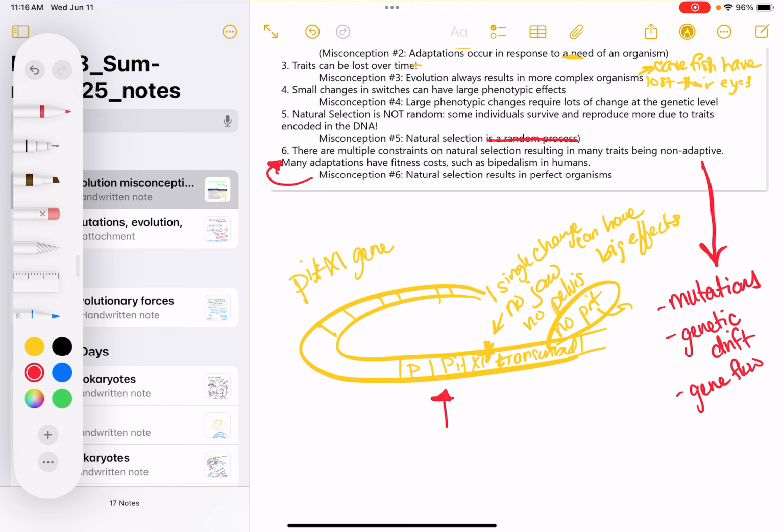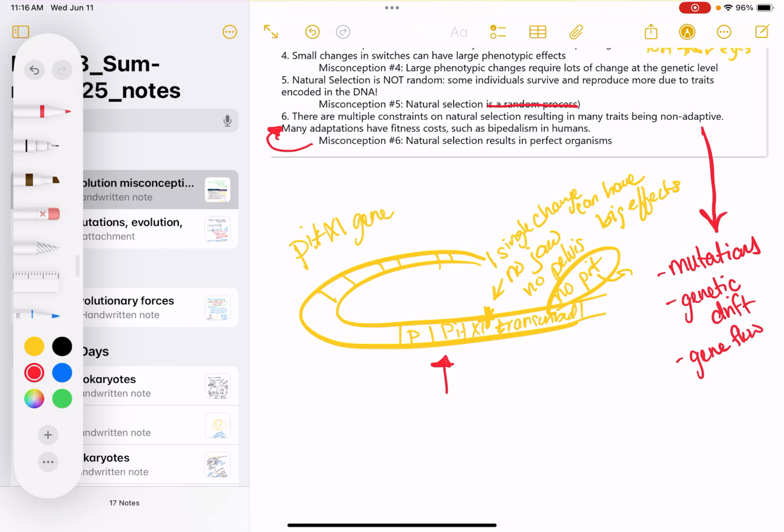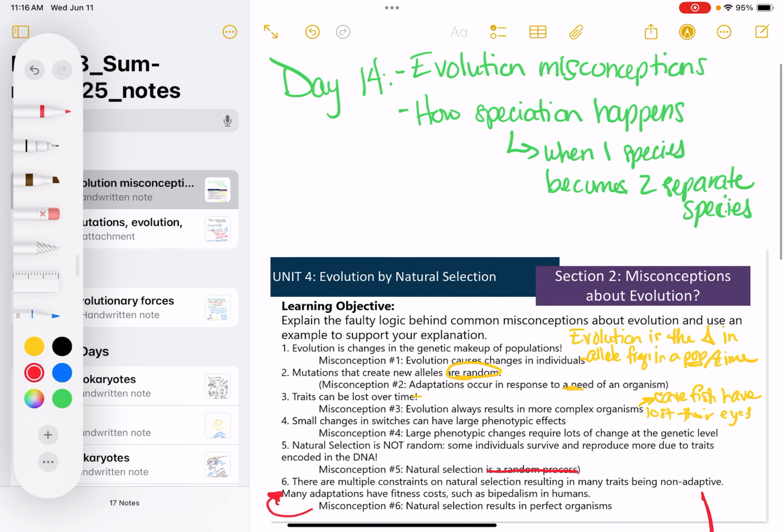Just think about how long you have to carry a baby around versus if you've ever seen a horse being born or kittens, and how quickly they can move compared to how quickly humans can move, right? That's largely because of challenges introduced by the ability to walk on 2 legs instead of on 4, okay? So those are just some misconceptions about evolution.